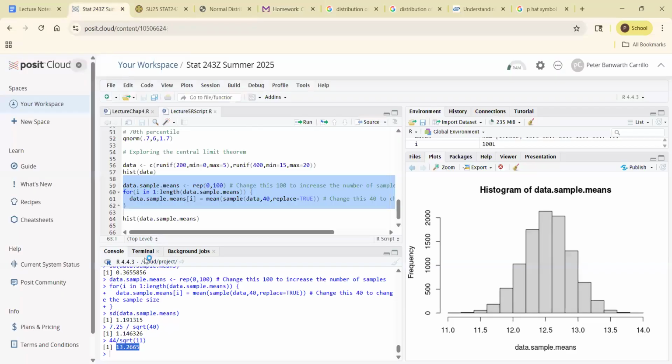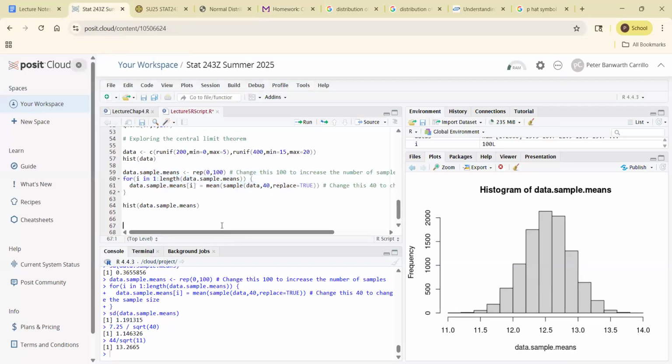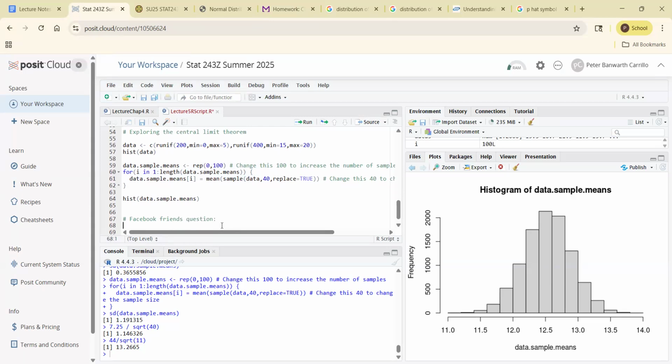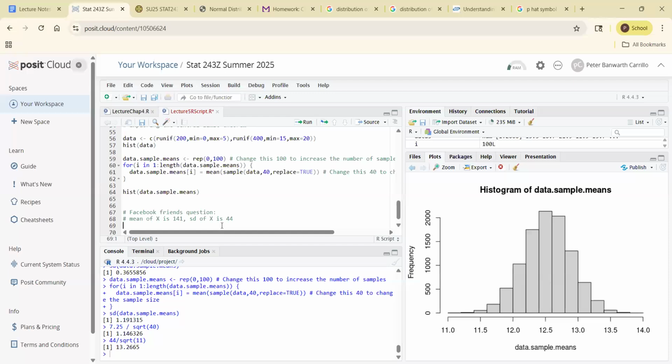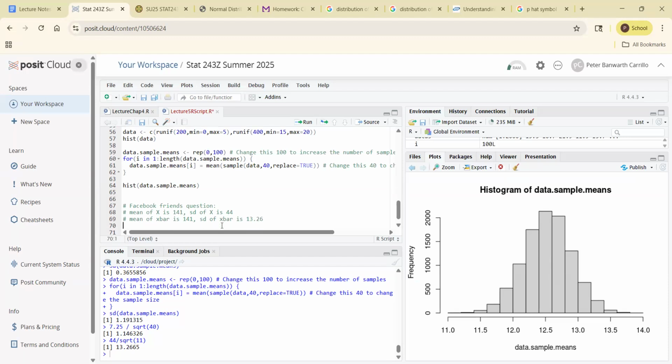Okay, so I can come over here. The mean of X is 141, standard deviation of X is 44. So the mean of X bar was also 141. Standard deviation of X bar is 13.26.